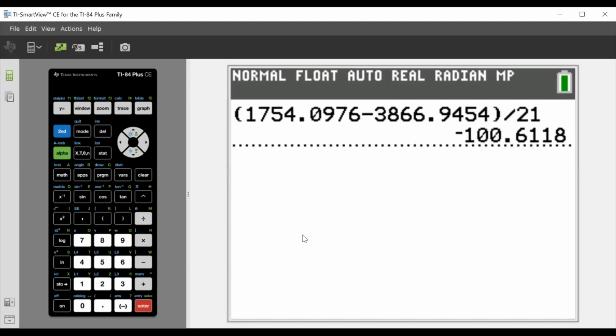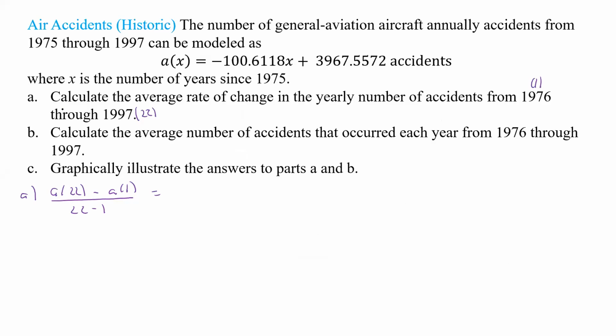So we get a negative 100.6118. I think that's right. And that's going to be in accidents per year, because we have years down here, and this is accidents. So that's the average rate of change.